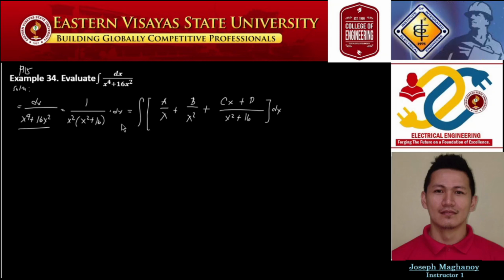So we need to multiply both sides of our equation by x squared over 1 and x squared plus 16 over 1. So we multiply these on both sides of the equation.